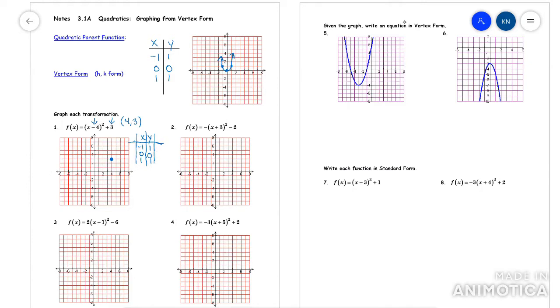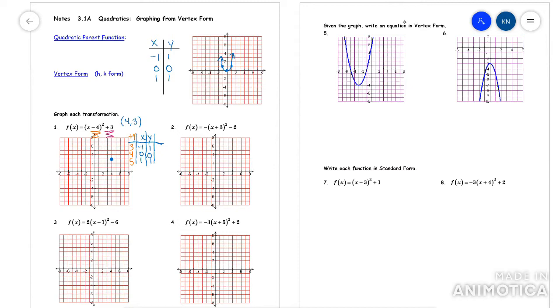But if not, basically anything inside the parentheses, like this -4, is lying to you. So you would do the opposite, so +4, and it's going to affect my x values. So I'm going to do +4 on these x values. All right, and anything outside of the parentheses, like this +3, tells the truth.